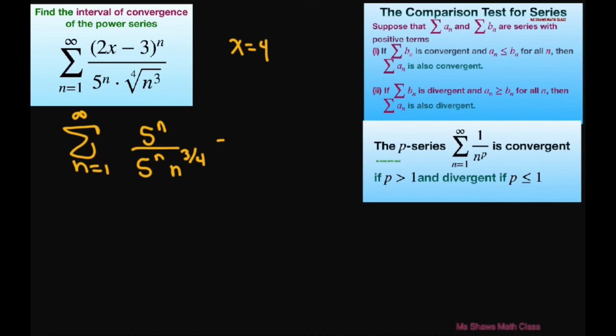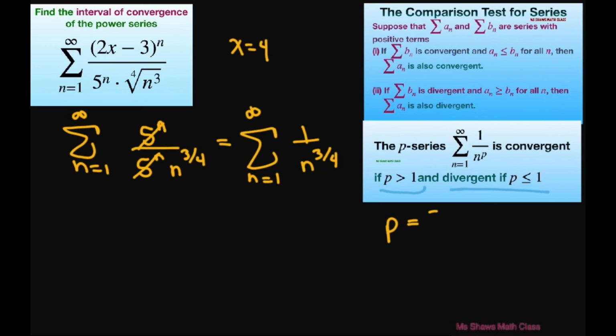Now this simplifies to the sum from n equals 1 to infinity of 1 divided by n to the power of 3/4. Now this series is divergent because it's a p-series with p equals 3/4, and it's less than 1. If it's less than 1, it's divergent.